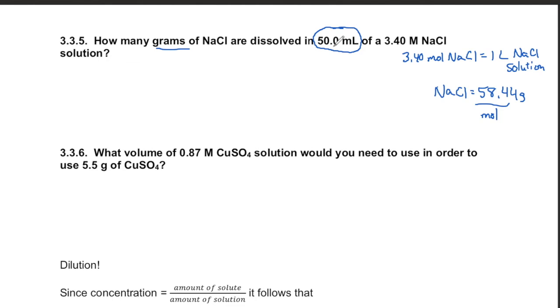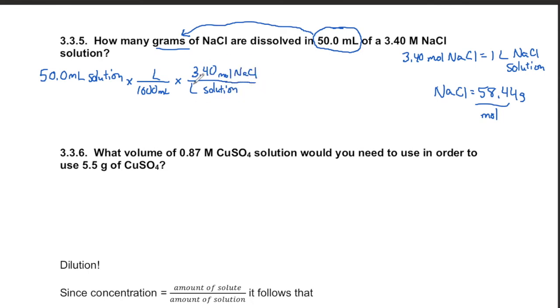So this is the amount of solution we have, and we are trying to convert that amount into the amount of solute in grams. Our concentration is moles per liter, so we should convert this to liters first. Then we can use the molarity concentration to convert the liters into moles of sodium chloride. And then we can use the molar mass to convert to grams of sodium chloride. And we do that and find that 9.93 grams of sodium chloride is what we have in that 50 milliliters of solution.